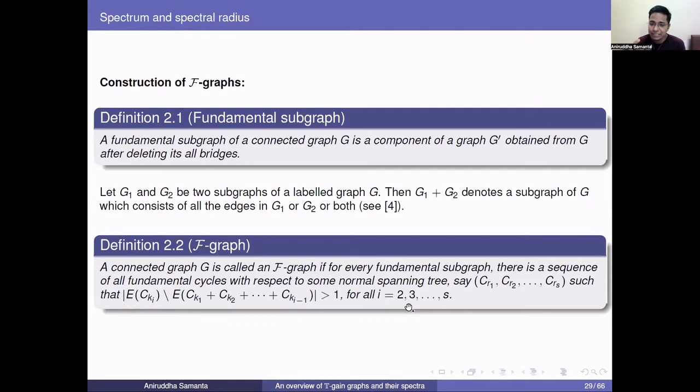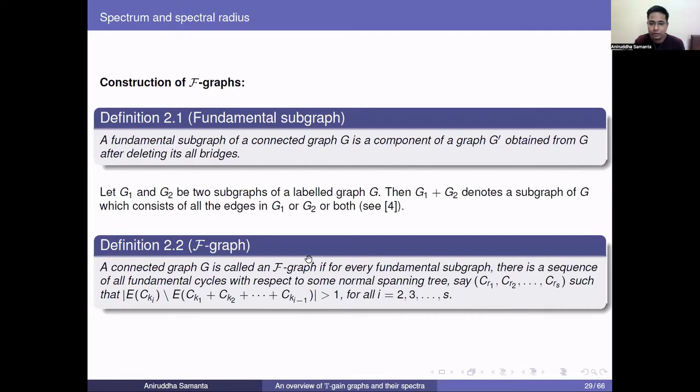If we consider any collection of fundamental cycles, this value is always greater than or equal to 1. Here we are skipping the equality-1 condition, so we only take strictly greater than 1. Then we can say that this graph G is an F graph.